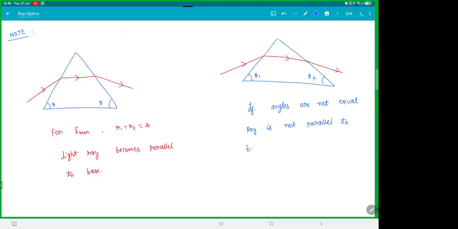So there is a statement question like this. A right-angled isosceles triangle is used in the experiment. Listen to the words: a right-angled isosceles triangle is used in the experiment.